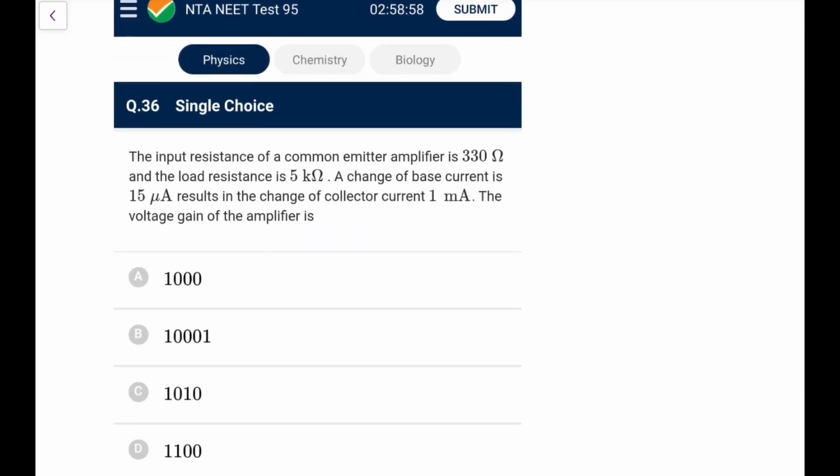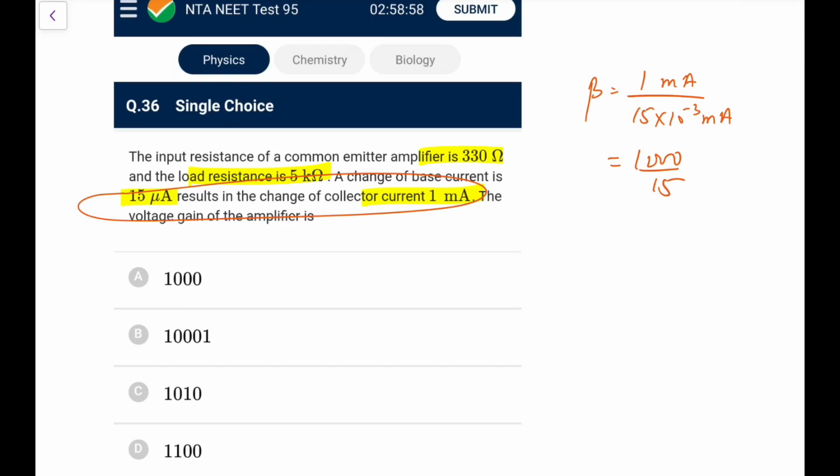Input resistance of a CE transistor amplifier is this. Load resistance is this. The change of base current of 15 changes the collector current by 1, find the voltage gain. So this data gives you beta. Beta is 1 milliampere over 15 into 10 to the power minus 3 milliampere, so that is 1000 by 15. This is the first thing. And the voltage gain is minus beta RC by RB.